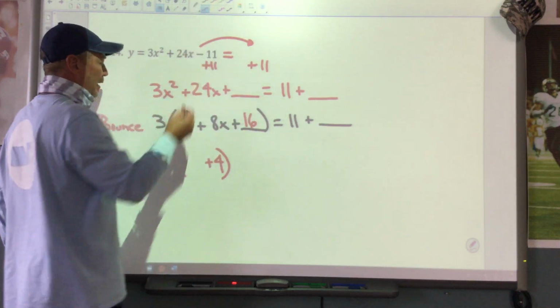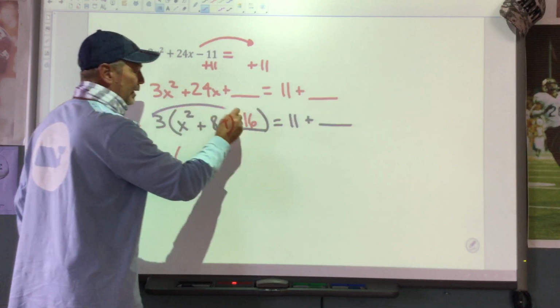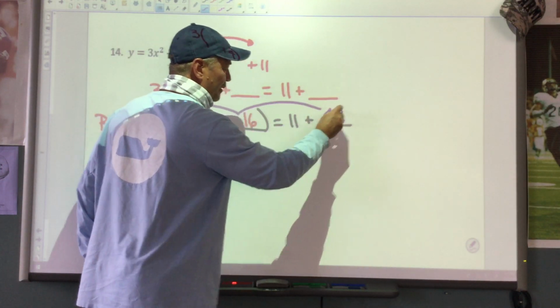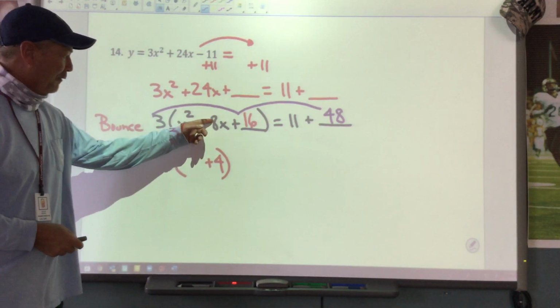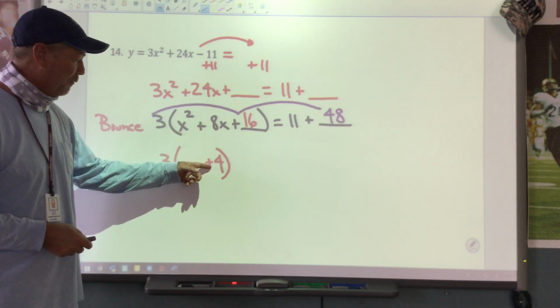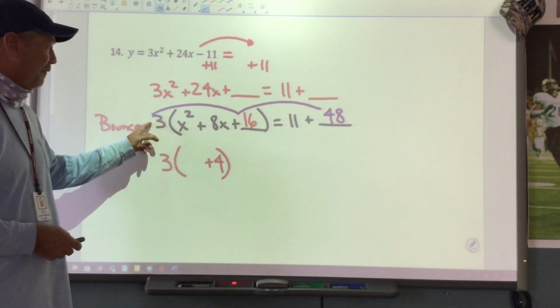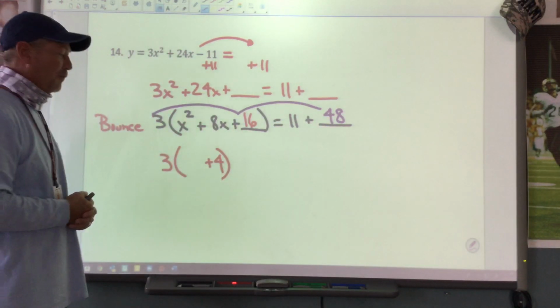But here's that thing. If I factor, I'm going to bounce. 3 times 16 is 48. You see what happened? Half of 8 is 4. 4 times 4 is 16. You square it. But then since I factored, I bounce to 3. And I get 3 times 16 is 48.